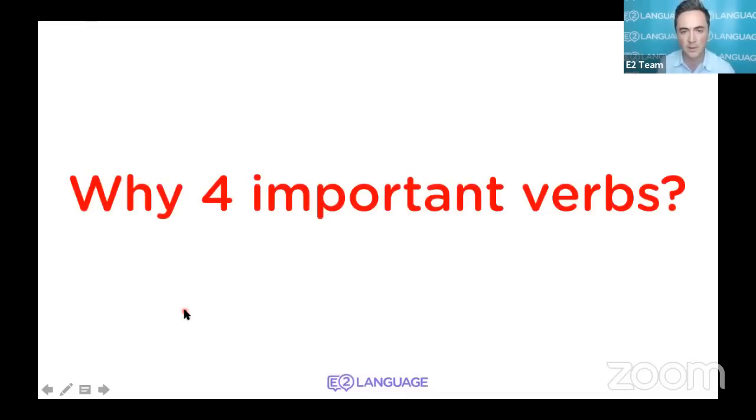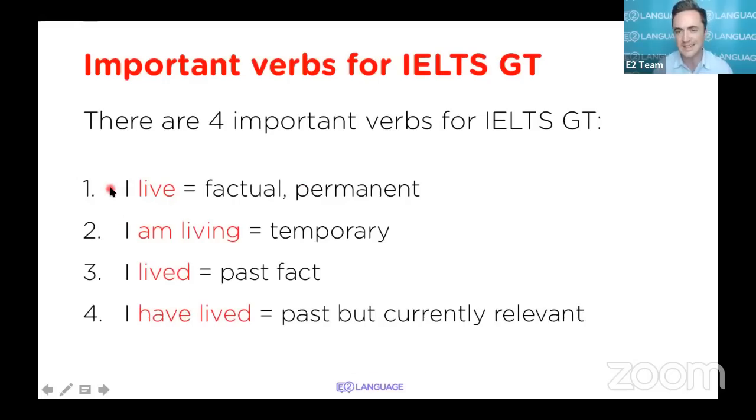Why 4 important verbs? Well, if I say I live, I'm referring to something factual and permanent. I live in Melbourne. It's a fact and it's permanent. Whereas if I say I'm living in Melbourne, it's got a sense of being temporary. It's not going to last forever. Where are you living?